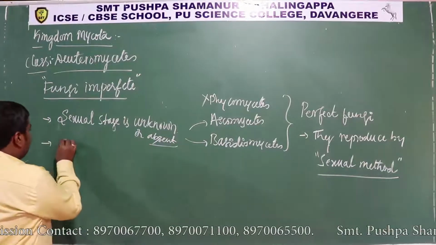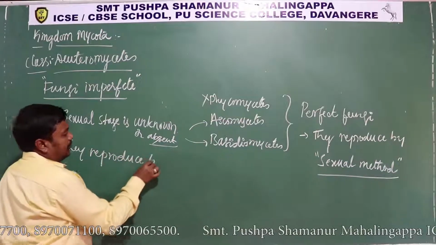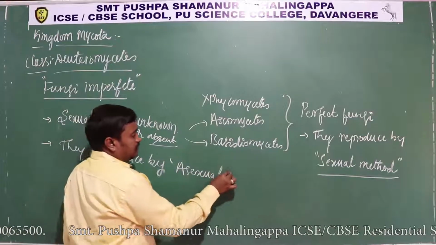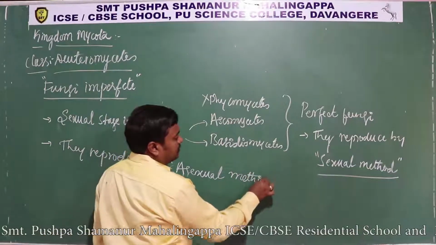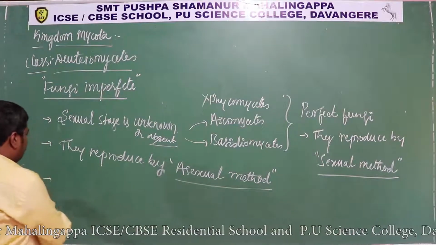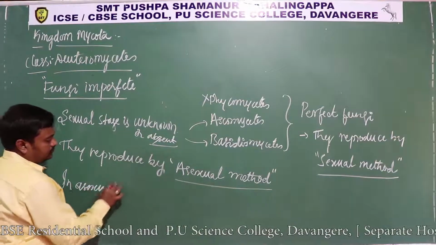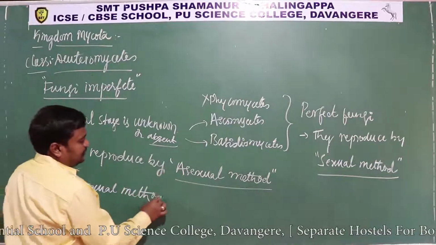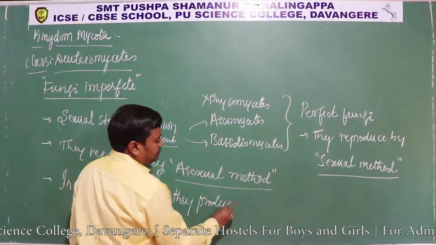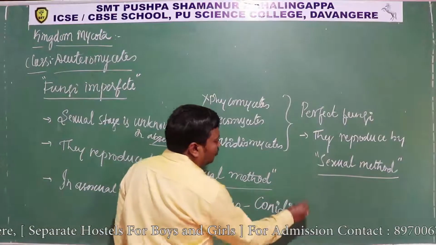Then they reproduce by the asexual method, in which they produce conidia.